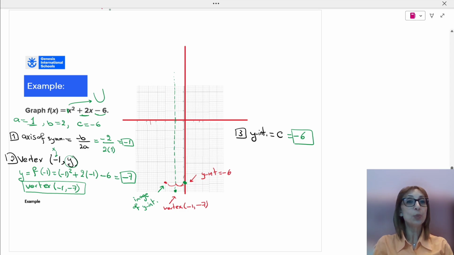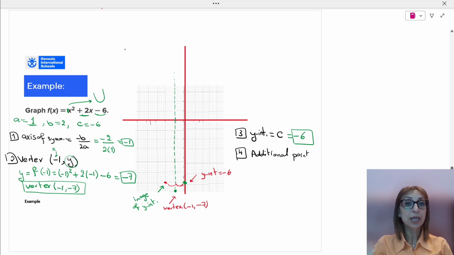Now, additional points. Step number 4, and I said we are going to explain it while we are solving. We need 2 additional points so that our parabola will look nice. So for additional points, I'm going to take any point on the x-axis, except for x is 0, because x is 0 is already the y-intercept, and except for x is -1, because this is the vertex.